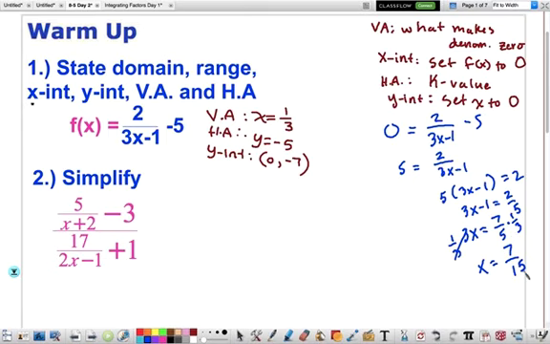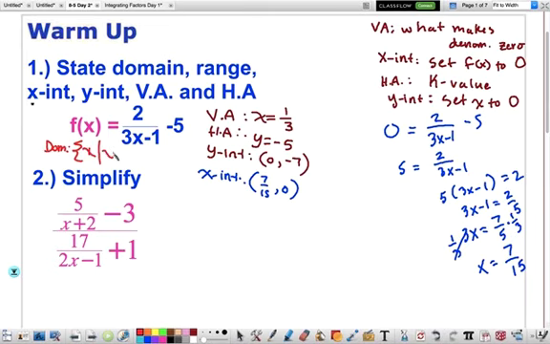That you got? Okay. You write it as a point. X-intercept 7/15, comma 0. And domain and range. Domain. Well, let's see.